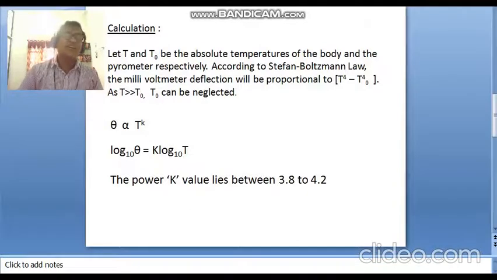Let us consider capital T and T naught as the absolute temperatures of the hot body and the pyrometer respectively. According to Stefan-Boltzmann's law, the millivoltmeter deflection. Why does the millivoltmeter deflect? Because the thermal radiation is incident on the surface of the thermocouple. The thermocouple consists of two junctions, a hot junction and a cold junction.